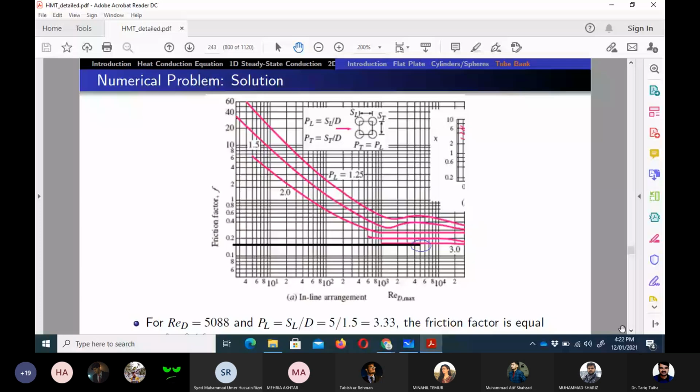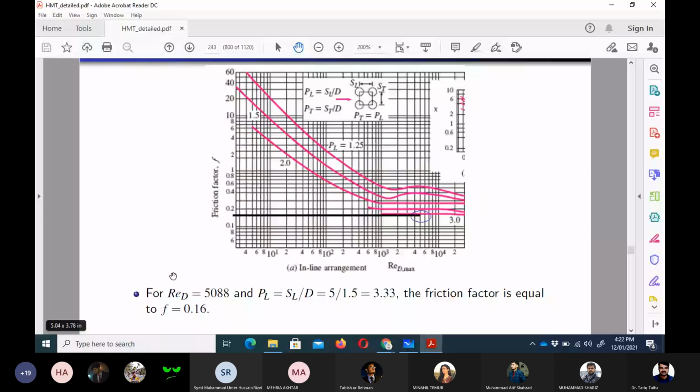Here I have written 0.16, so it should be more than 0.15 and in between 0.2, so 0.16, 17, 18 are equally good. Because it is a logarithmic scale, it is very difficult to get the exact value, but it should be in the range I have shown here, 0.1 and 0.2.